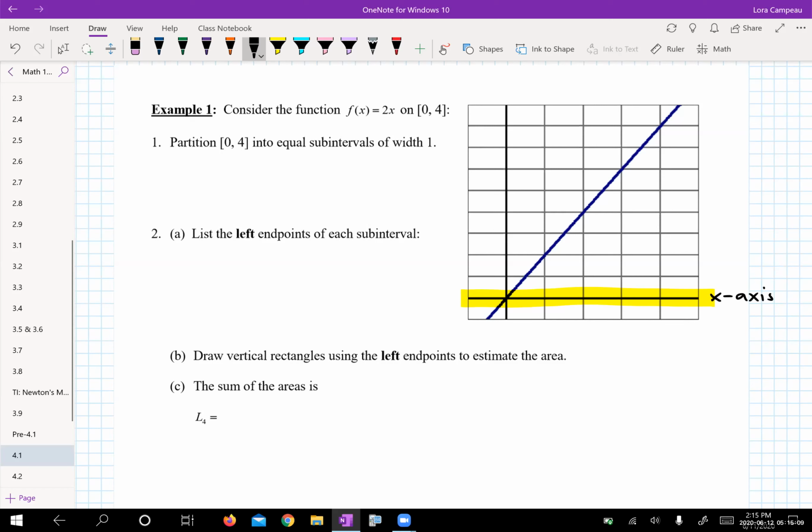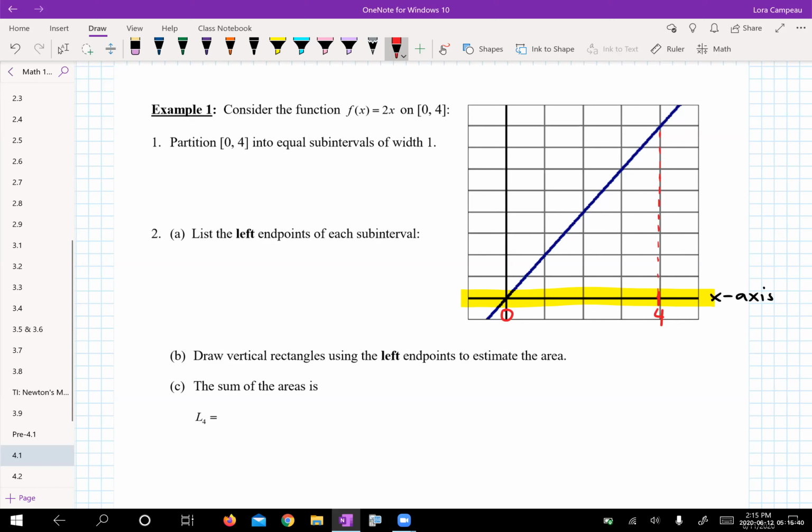So when we consider this function, only on the interval from x equals 0 all the way up to x equals 4, 1, 2, 3, 4, you can see the shape it creates.